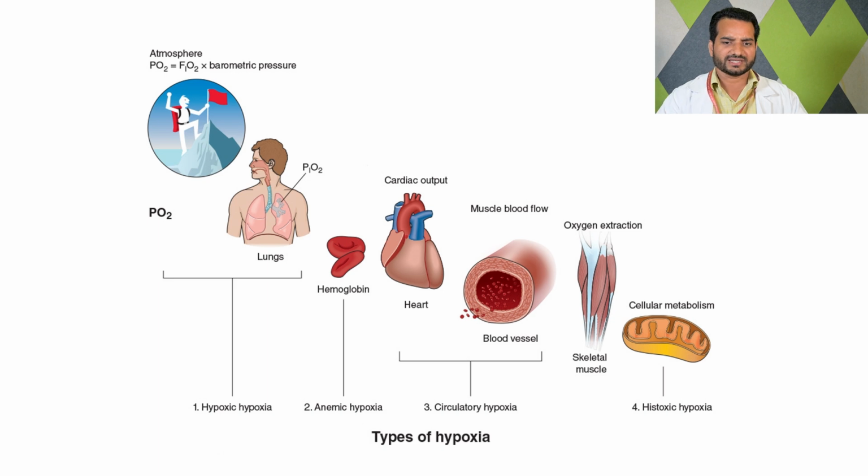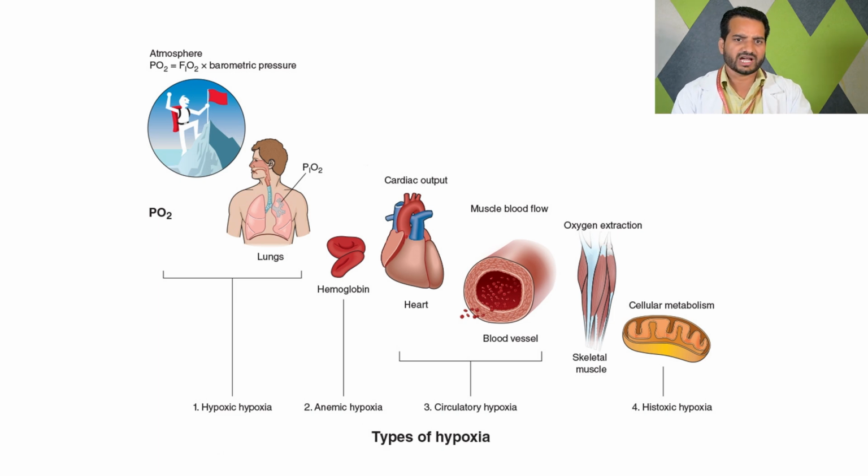When you breathe in this environment, it is obvious that oxygen will decrease as we expire carbon dioxide continuously, and fresh oxygen is not coming from the atmosphere, so it causes hypoxic hypoxia. Another example is if we climb the mountain. As we climb the mountain, the partial pressure of oxygen decreases accordingly, and the person will have the lack of oxygen in inspired air, and that is called hypoxic hypoxia.